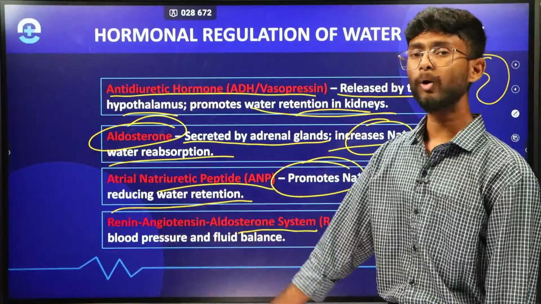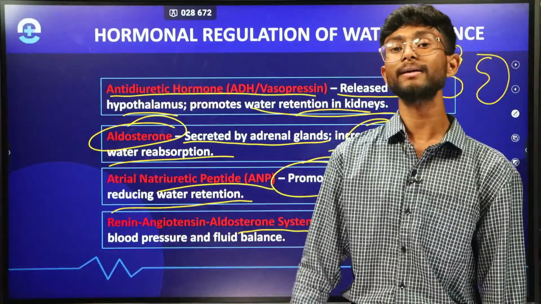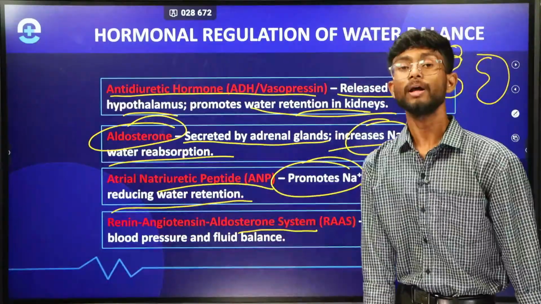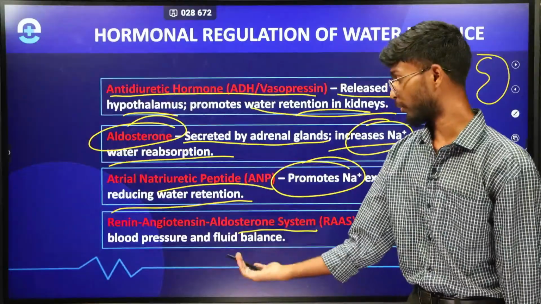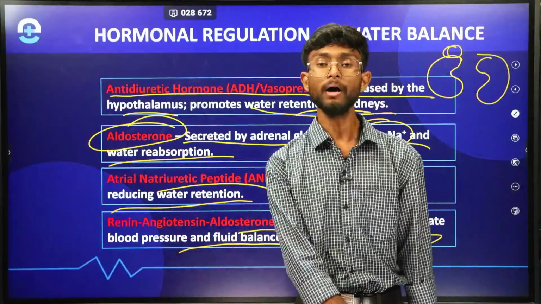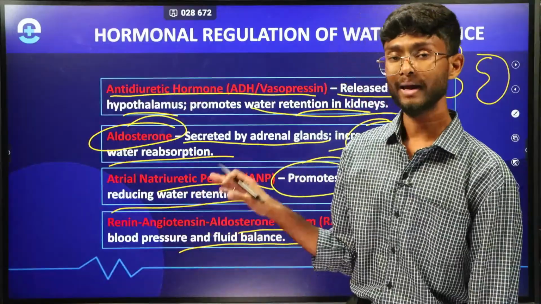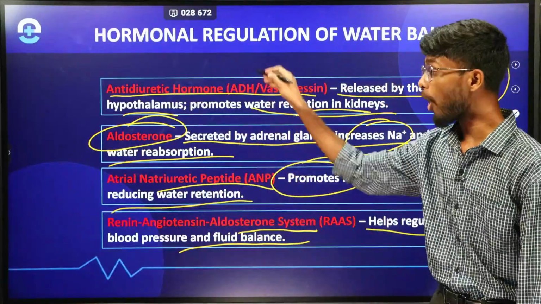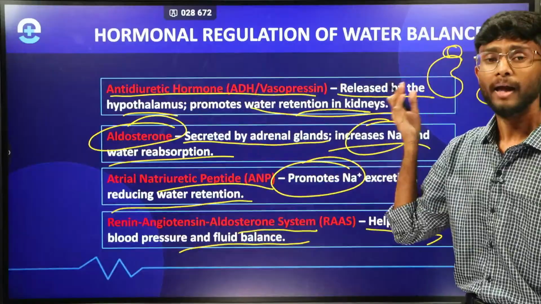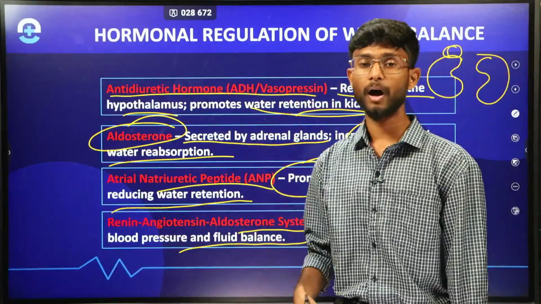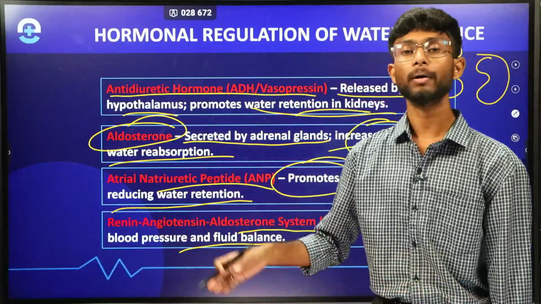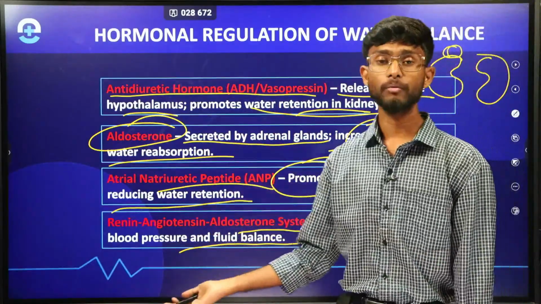This is very important for blood pressure. To maintain the blood pressure, this RAS hormone is very important. And also to maintain the body fluid, you require this hormone. And these are all the hormones, that is ADH hormone, that is vasopressin hormone, aldosterone hormone, and ANP. What is that?